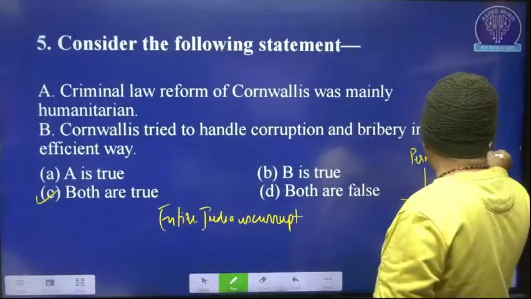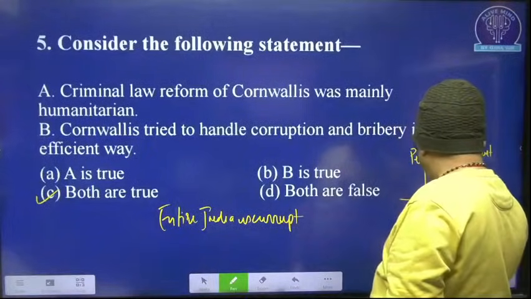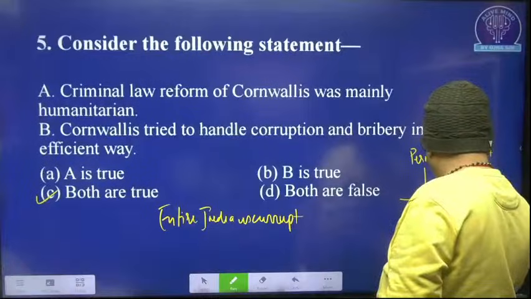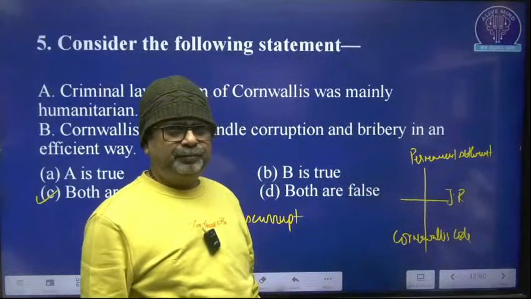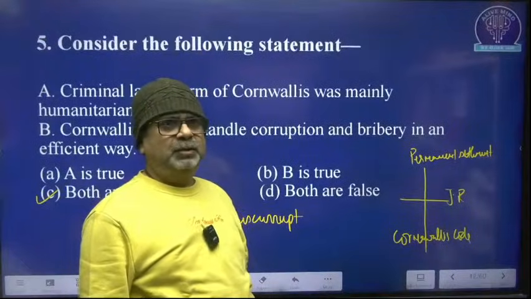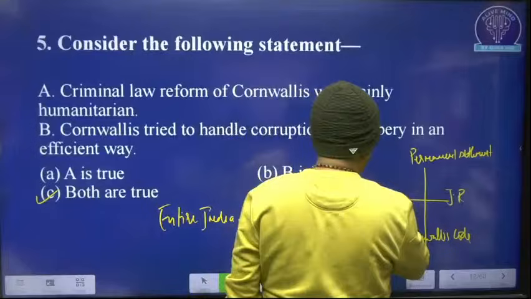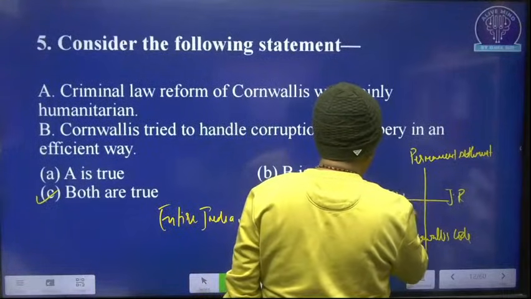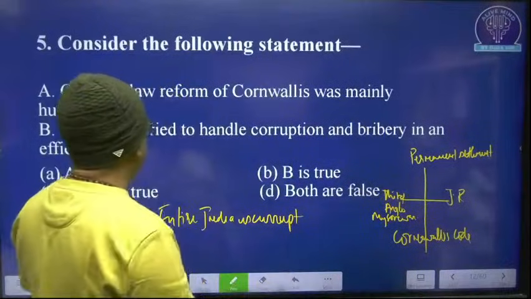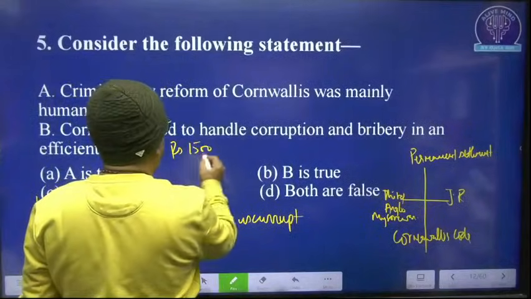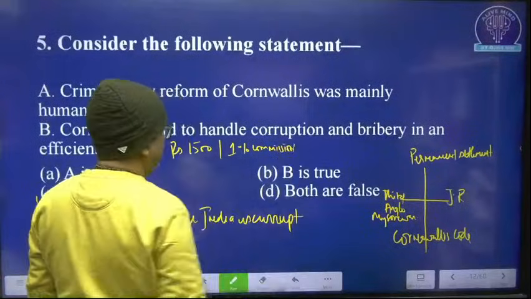Judicial reforms, Cornwallis Code, maintaining civil services on the principle of separation of power, breaking the bone of Mysore, Third Anglo-Mysore War, controlling corruption by increasing the salary of civil servants to 1500 rupees and 1% commission on the entire collection done by the collector.